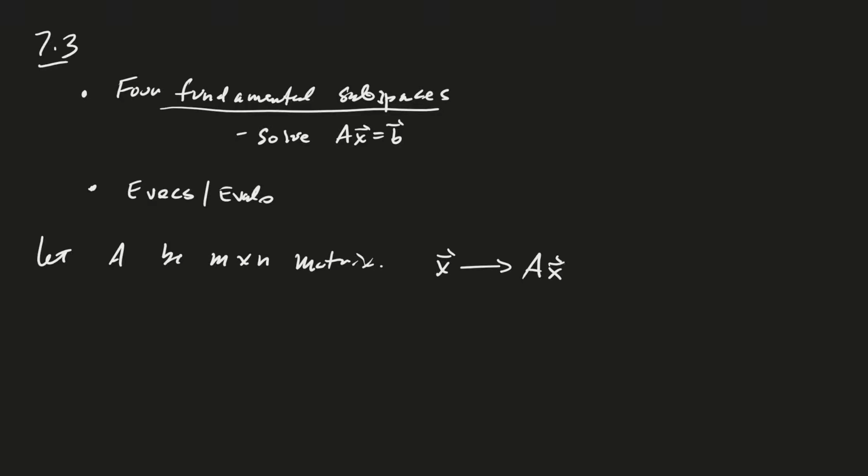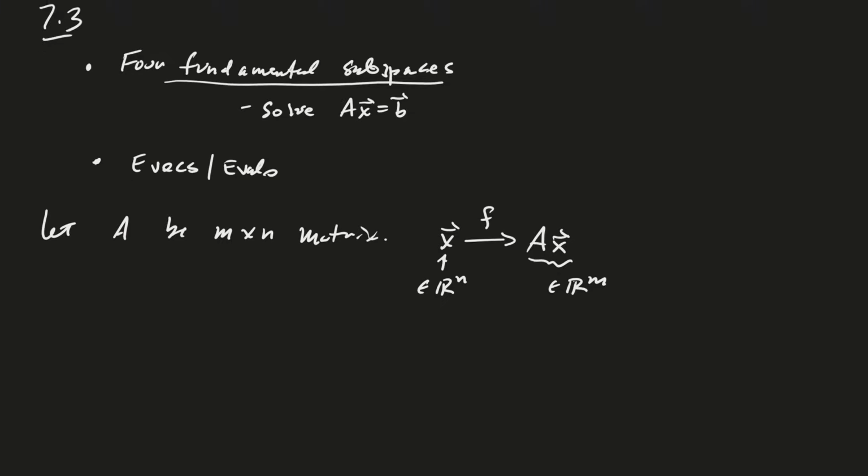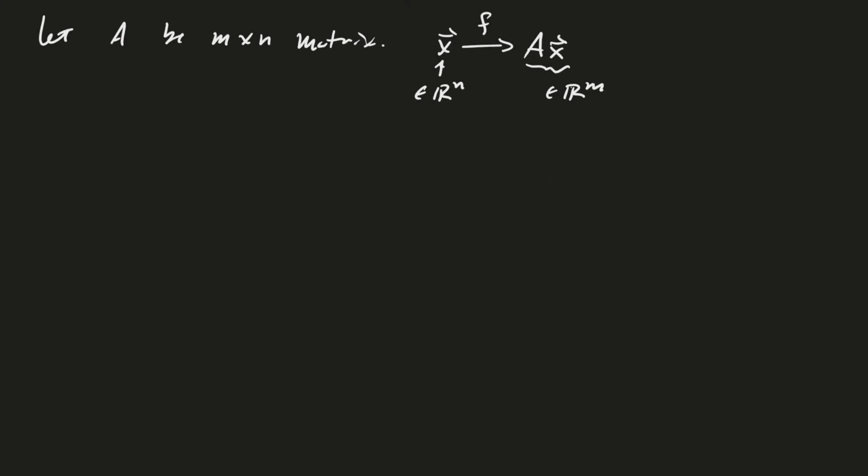X to AX is like a mapping, maybe you could call it F, where if X is in Rn, then AX is in Rm, and this is the case where A is m by n. So the domain here is n-dimensional space, and the range is m-dimensional space. And so you can break those spaces apart by a little cartoon.